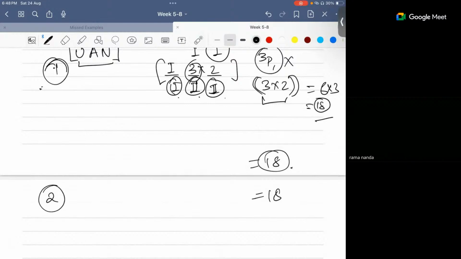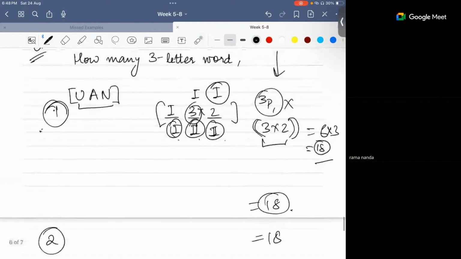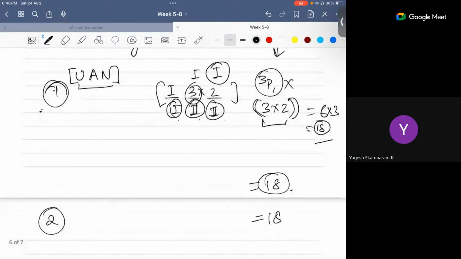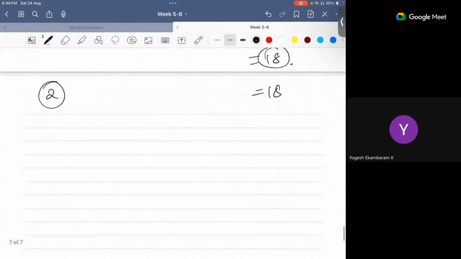No. What? No or yes? So see, in the second case, what you can do is I can be placed at three places, like 3P1 is three, and then you're left with what?